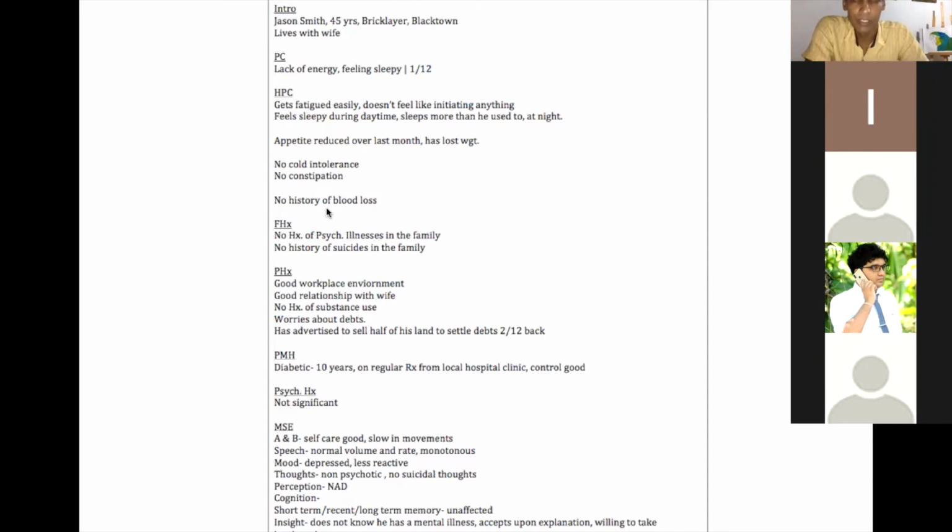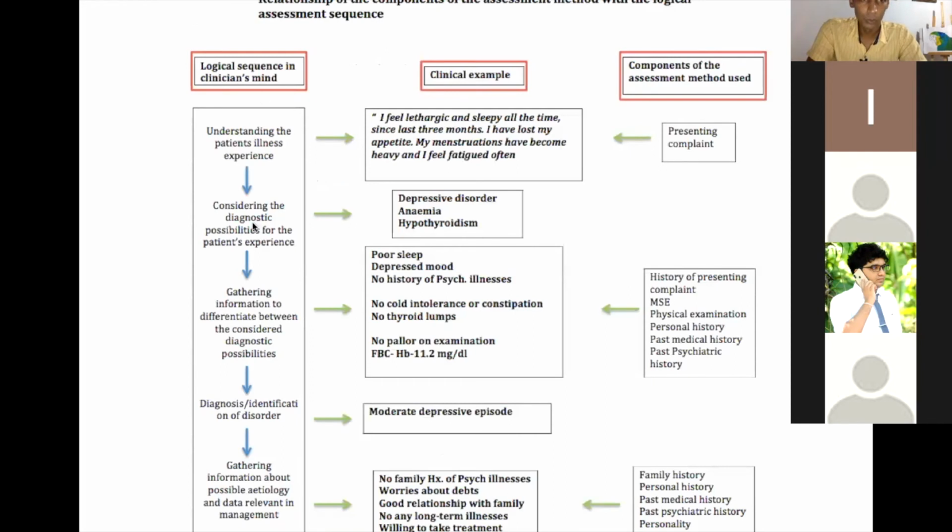You are lucky if you get that time, but most of the time you will find it difficult to find that time, right? So I will have the topics and empty spaces: presenting complaint, history of presenting complaint, and family history, personal history, according to that order that is there in the book. And then I will follow this sequence.